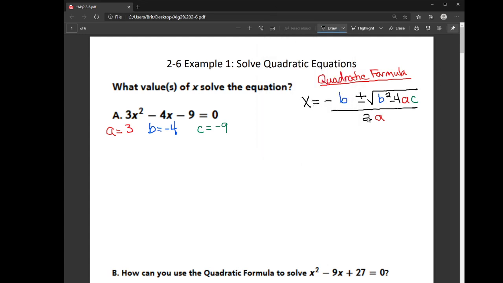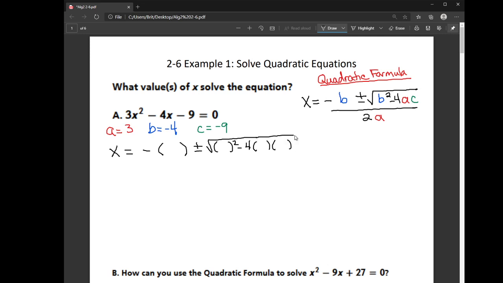Now everything that I've written in this equation that's written in black, that's always going to be the same. So I'm just going to go ahead and create what I call my little template, which is where I write all the stuff in black and leave spaces for me to put my numbers.